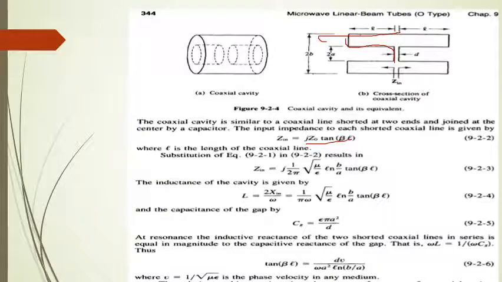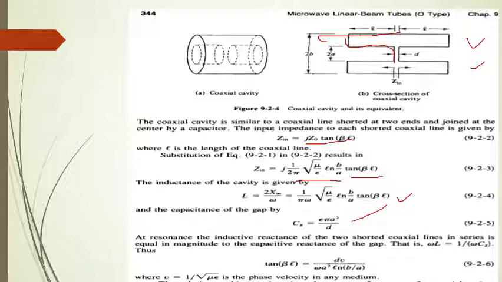Zin becomes equal to j times this Z0 value from the earlier slide, which you know, substituted over here, tan beta L. Inductance of the cavity, you have two sets of inductance over here, upper half, lower half, 2 Zin upon omega. They've just substituted and tried to get the value of L. Similarly, C, you know, it's always given as epsilon pi a squared by d.